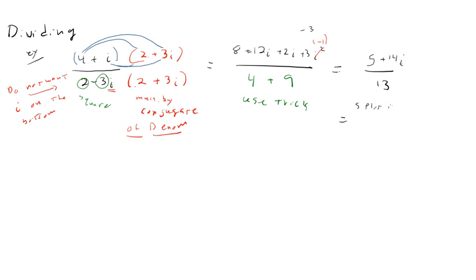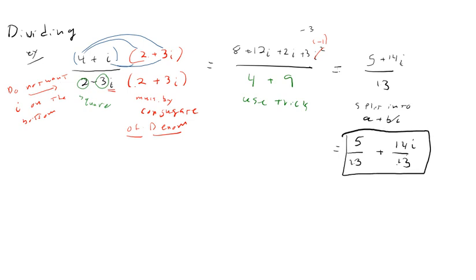So I'm going to take the 5 and make it separate and put that over 13. Plus, I'm going to take the 14i over 13. And this is my final answer. Each of the pieces gets a 13. The 13 goes to both. I like to share it. 5 over 13 plus 14i over 13. Each one gets the 13, and we split it into the real part and the imaginary part.